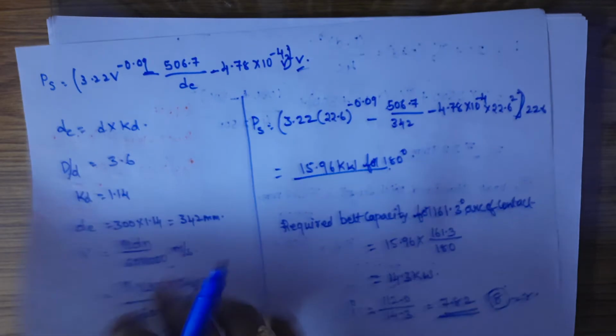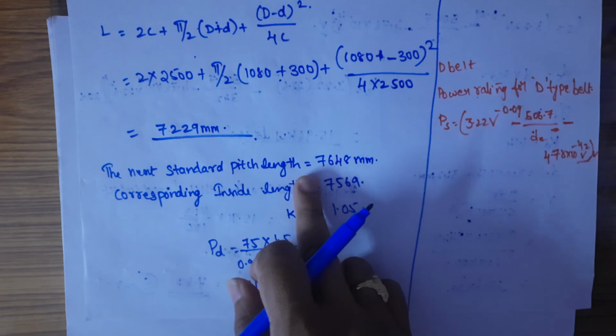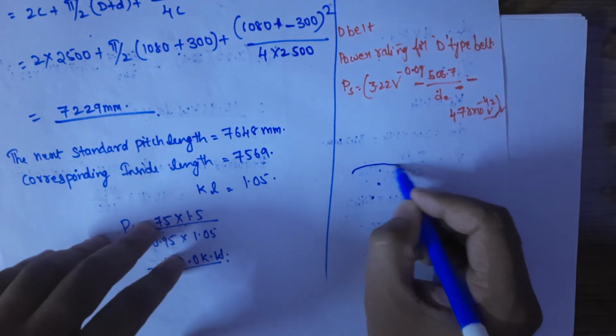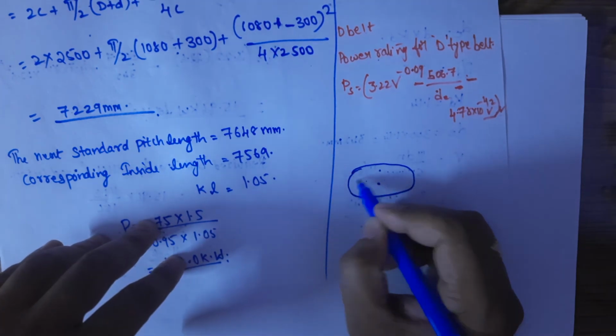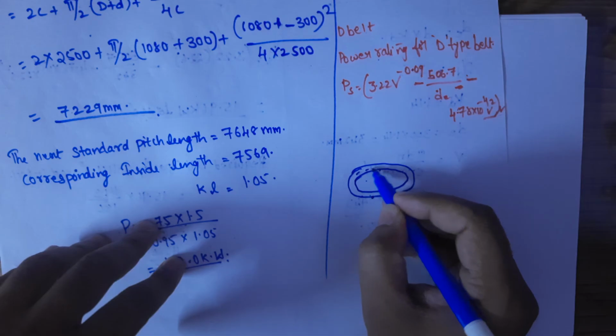So you have observed that we have taken the next standard pitch length. So suppose this is the belt. Okay, so this is the pitch length.